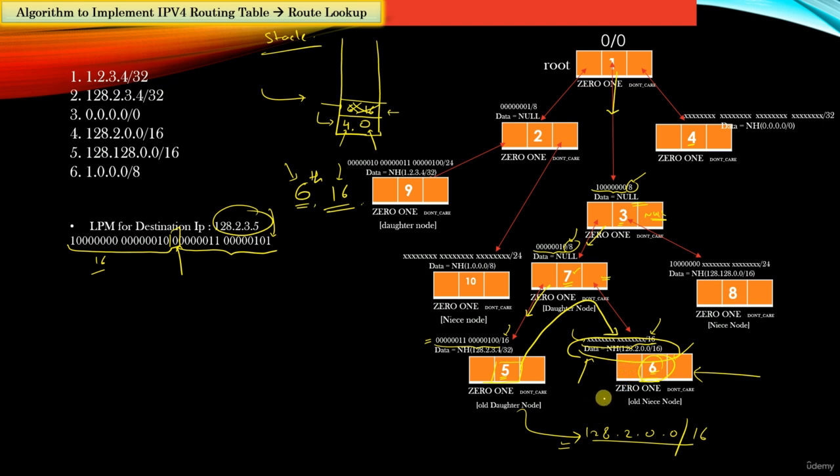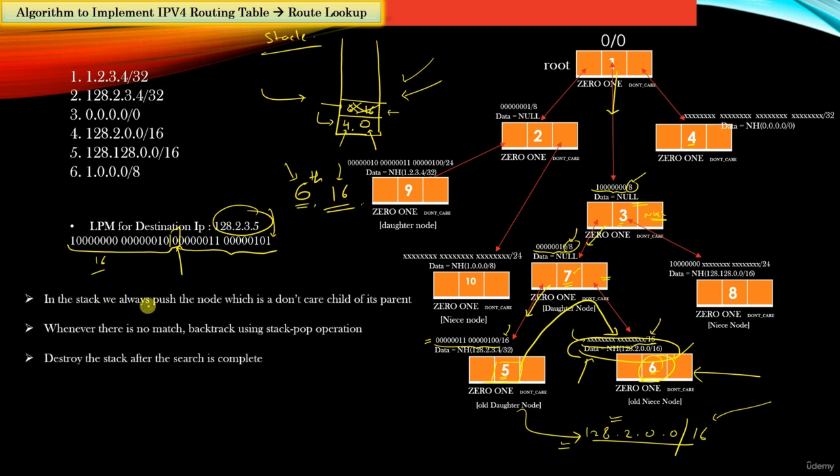And note that when your route lookup algorithm ends, it is not necessary that your stack should be empty. All right. Your stack may have some elements by the time you have found the route of your interest. So you have to discard or destroy the stack which may contain some elements in it the moment you find the route of your interest. All right.